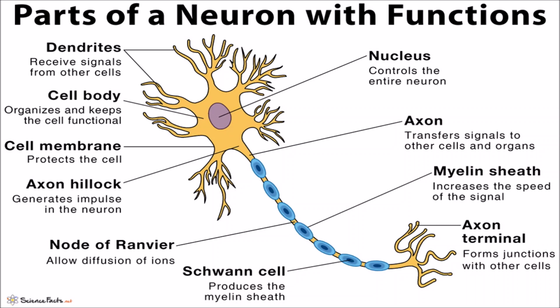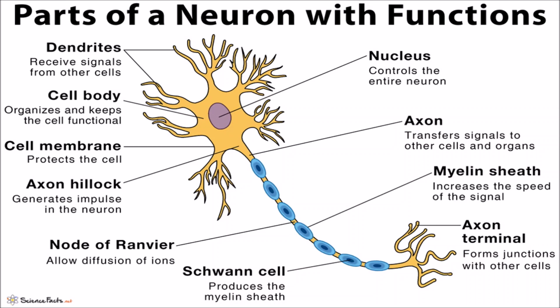The axon is a long slender part of the neuron that extends from a portion of the cell body known as axon hillock. Axon hillock is a cone-shaped region at the junction between axon and the cell body. It is often covered by the myelin sheath and carries information from the cell body towards its distal end, also known as terminal buttons.